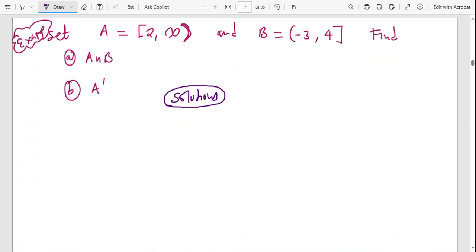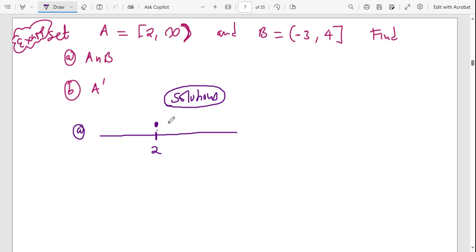So we have got our question here to say A is that set and B is that set. Find A intersection B. So the way you find A intersection B is go on a number line. First put the set A. The set A is starting from 2 up to infinity. So 2, you can see 2 is actually closed. Look at the type of bracket I've used.